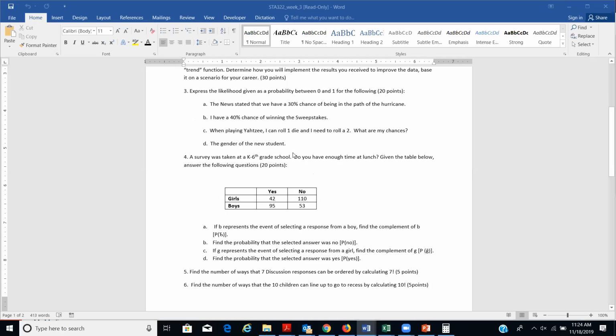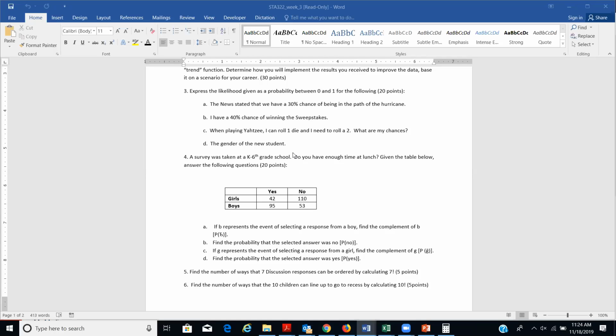A survey taken at a K to 6th grade school: do you have enough time at lunch? So what we are looking at is the boys and girls who were asked. The girls said there were 152 girls, because we have a total here of respondents of 42 yeses and 110 nos.